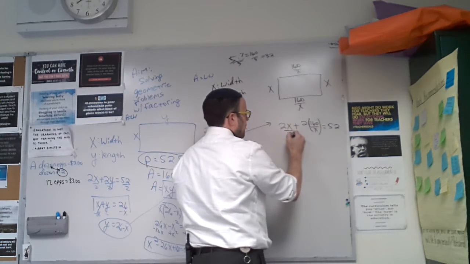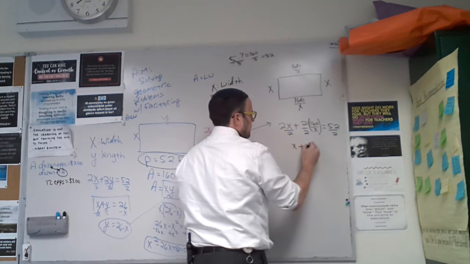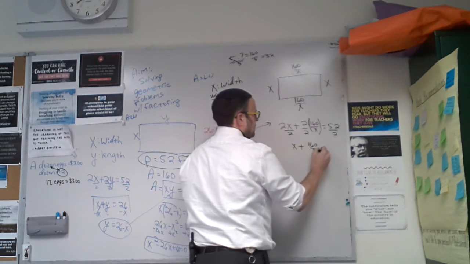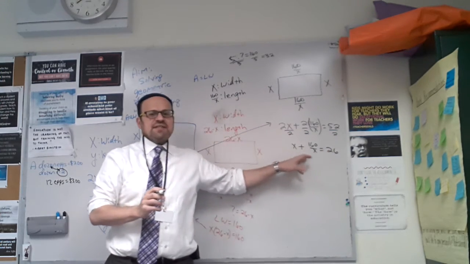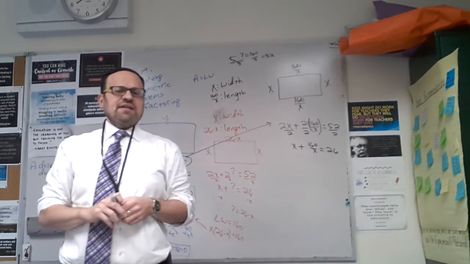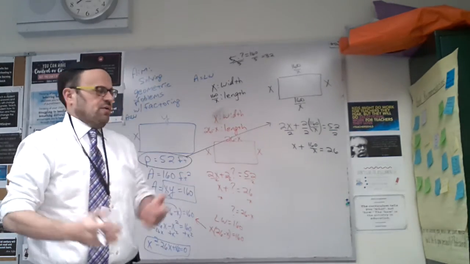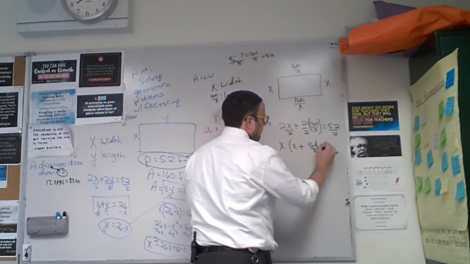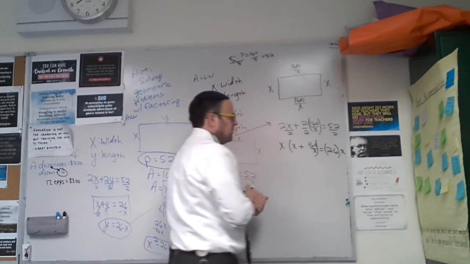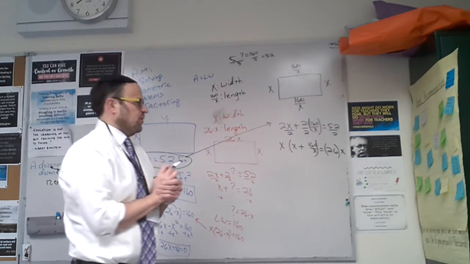Now again, we can divide everything by 2 to make things a little bit easier. Now this is something that we haven't seen before. We haven't seen a variable in the denominator. What do you think we could do? Am I allowed to multiply everything by the same thing, multiply both sides? Sure. Will it help? We'll see in a moment.